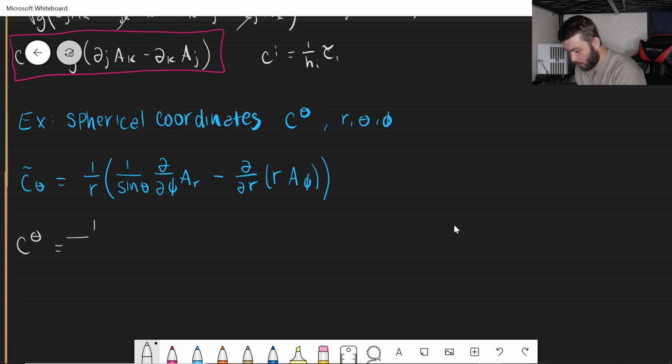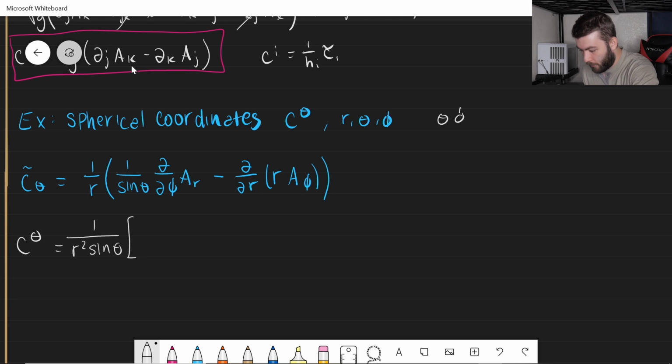So it's going to be 1 over r squared sine theta. Now we need to do our coordinate derivatives. So if we're looking at the theta component, then a cyclic permutation would then be phi, so theta, phi, r.